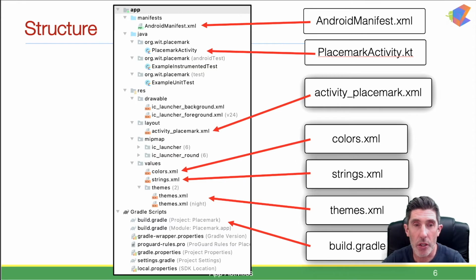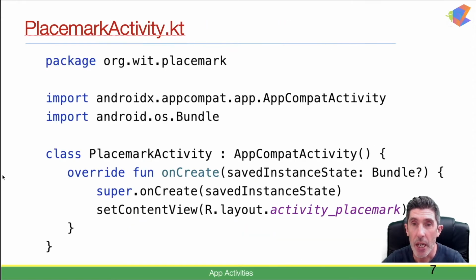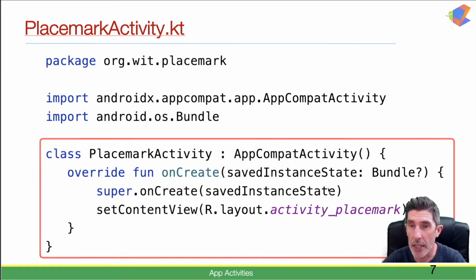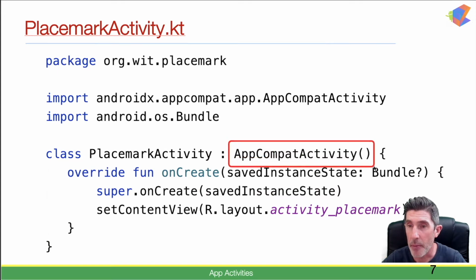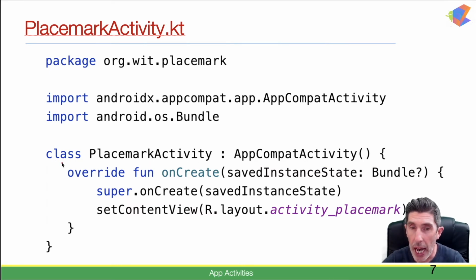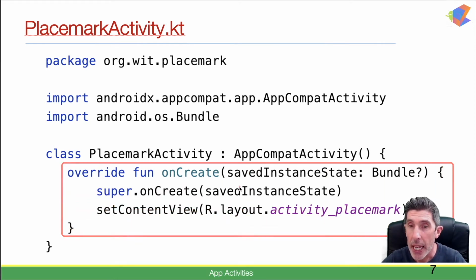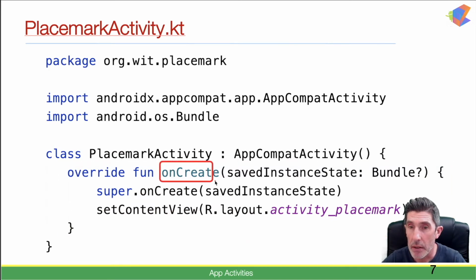Okay, so if we look at some of these files in more detail, here's the placemark activity class that we get initially. Not too much in it. Our class extends from AppCompatActivity, and we'll look at that in the context of the class hierarchy within Android Studio in a minute. What we do get by default, and we need this at a minimum, is this onCreate function.